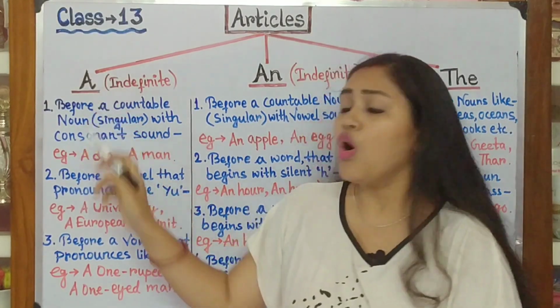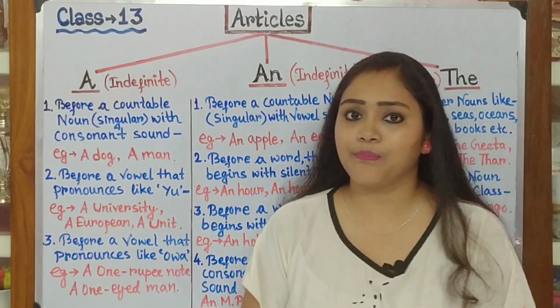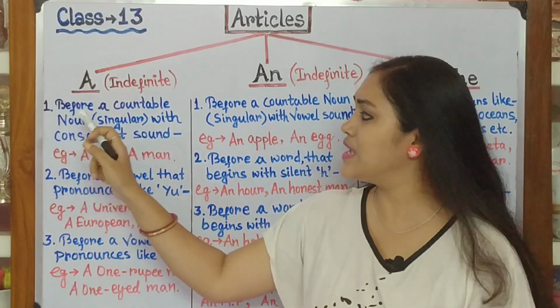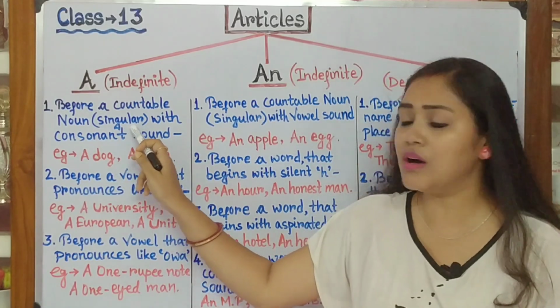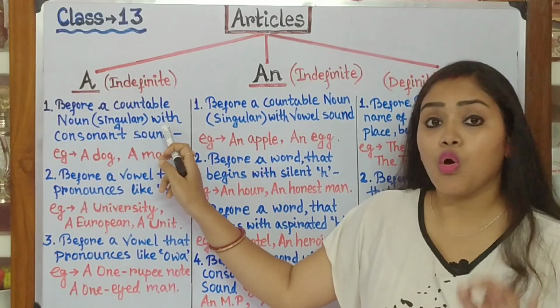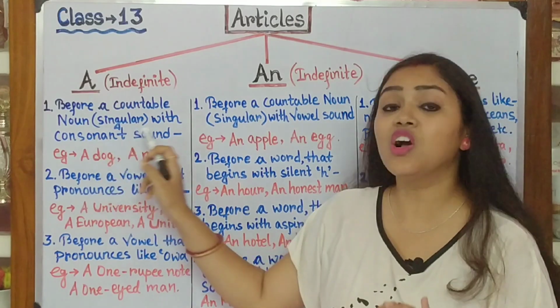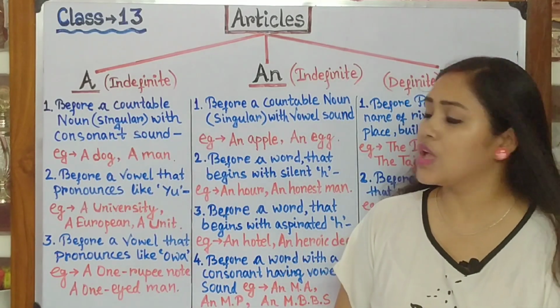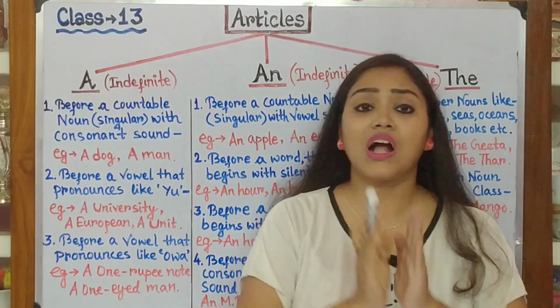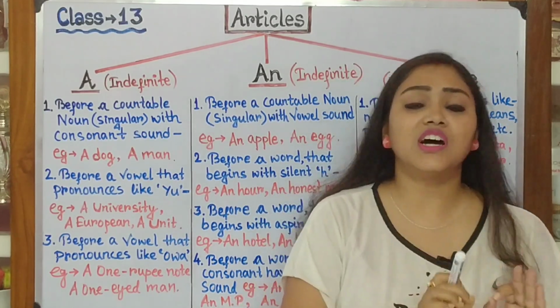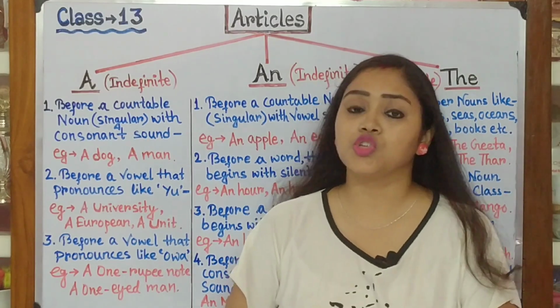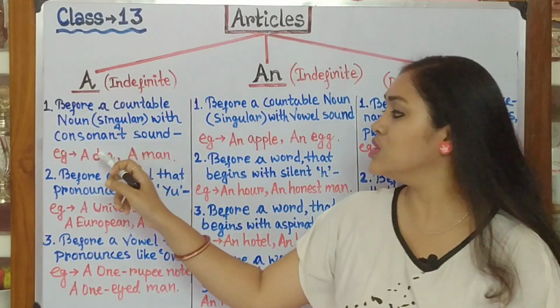So, why do we use a? Point number 1: before a countable noun which is singular in number and which starts with a consonant sound. So before a countable singular noun whose first sound is a consonant, we use a.